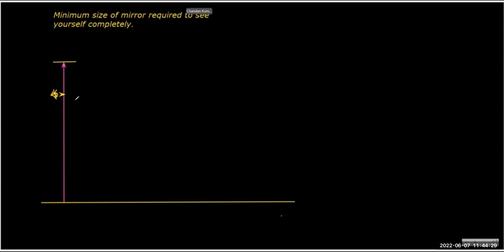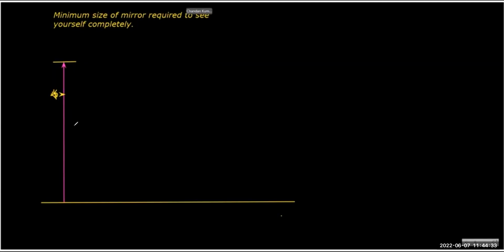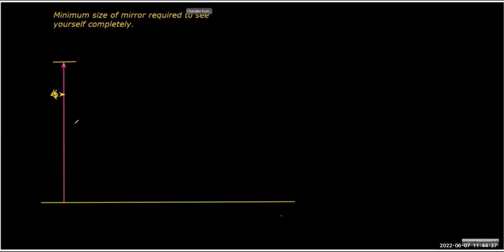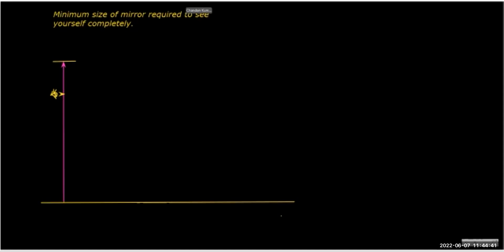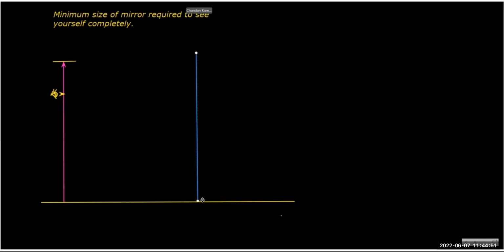So what is the rule of the image formation? To see the top and bottom, the light must reach from the top and the bottom to your eye level, correct? That is how you see. Understood what I'm saying? Yes. So right now I have no idea where the mirror should be, but let's say this is the plane in which the mirror will be somewhere.